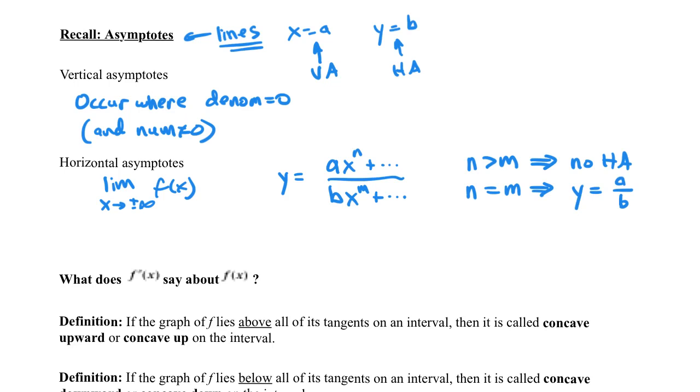So the horizontal asymptote would be these lead coefficients. And then another thing that could happen is if n is less than m, then the denominator would dominate and it would send this whole thing to 0. So in that case, if n is less than m, we have a horizontal asymptote of y equals 0.